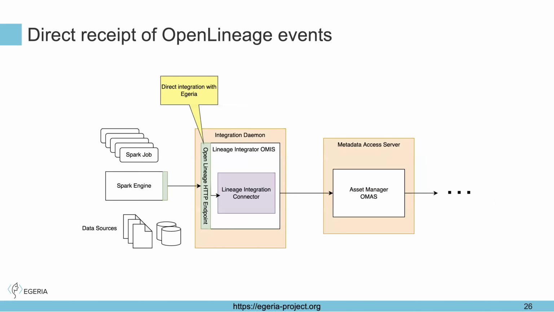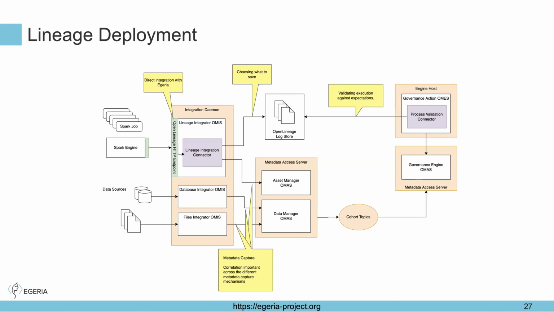We did go further. We also added support for the HTTP endpoint from OpenLineage, and that means that an engine can connect directly to the integration daemon, and Egeria will pick up those events. When you start putting these Lego pieces together, we can have the integration daemon sitting there picking up events, and it can make a number of choices. An engine can produce a lot of events.